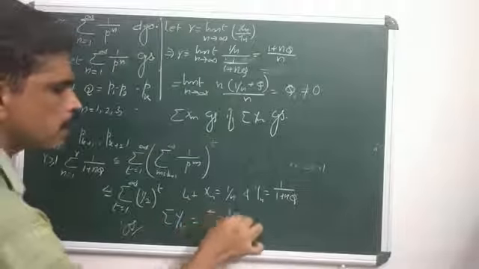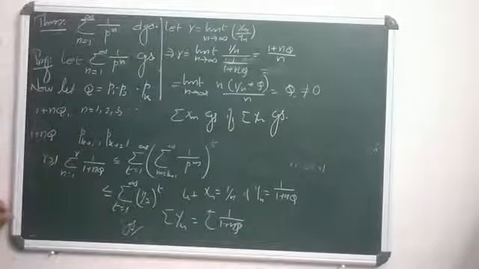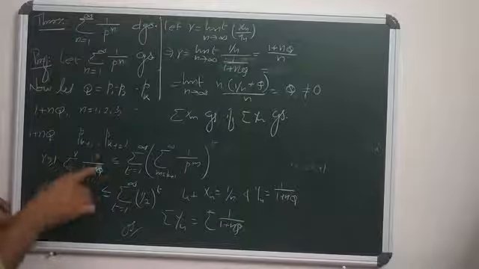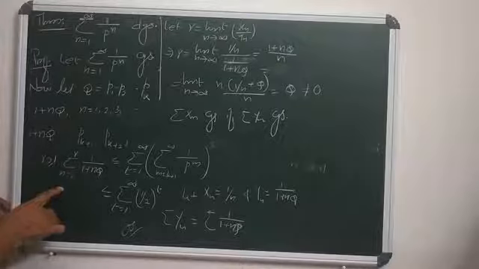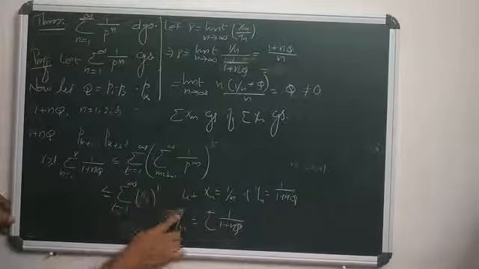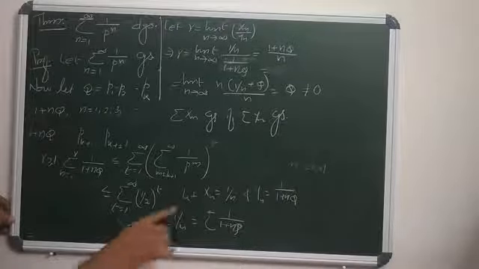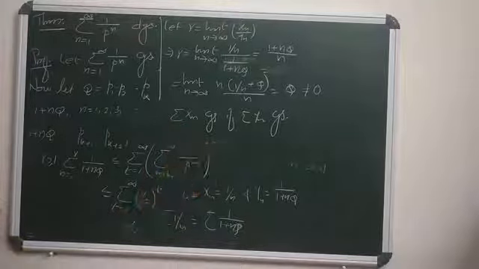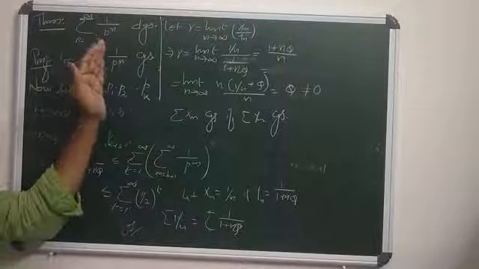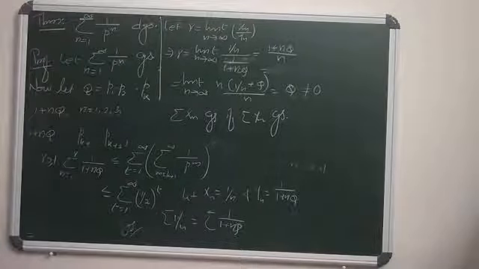Sigma yn equals sigma 1 by 1 plus nq, which we know converges. Therefore, by the comparison test, sigma 1 by n converges. That's a contradiction, because we know that sigma 1 by n always diverges. This contradiction is due to our wrong assumption. Therefore, sigma 1 by p raised to n always diverges. So that is the result.